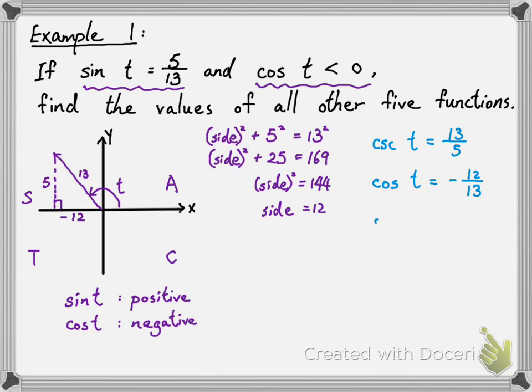Then its reciprocal, secant t, equals negative 13/12. Then tangent of t equals opposite side, 5, over adjacent, negative 12. Then its reciprocal function, cotangent of t, equals negative 12/5. Now we are finished.